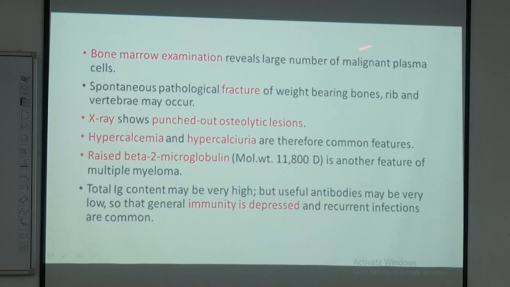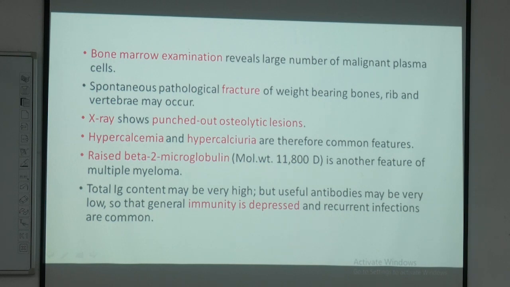So the number of plasma cells in the bone marrow will be much higher in multiple myeloma. There is also destruction of bones in multiple myeloma. This also has a reason.